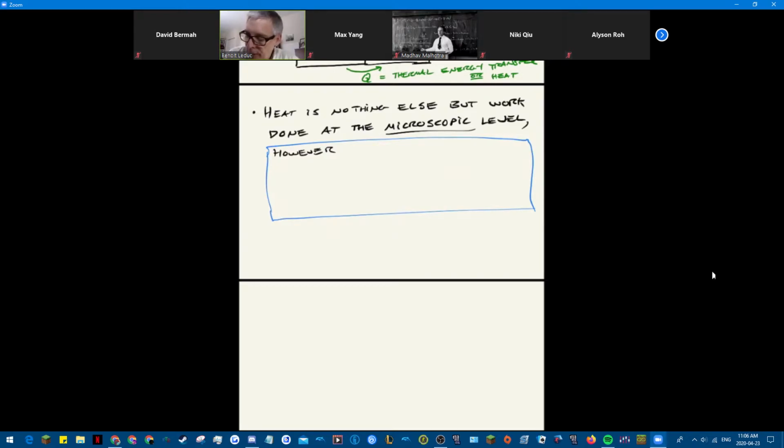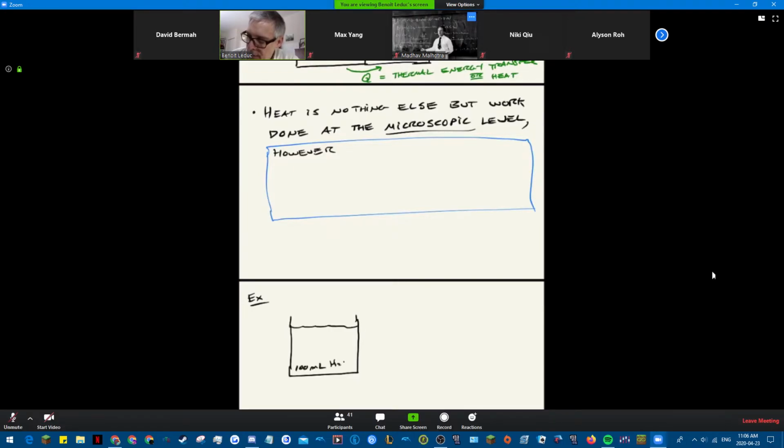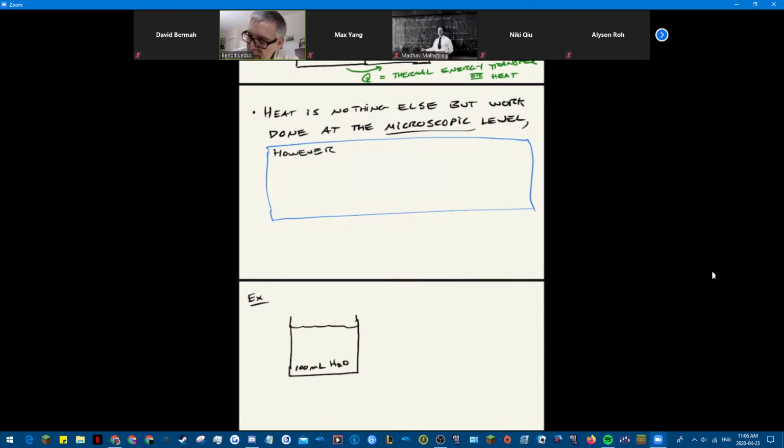Okay, so let's do some examples here to make sure that you understand the concept of thermal energy. So I have 100 ml of water at, let's say, 70 degrees Celsius.